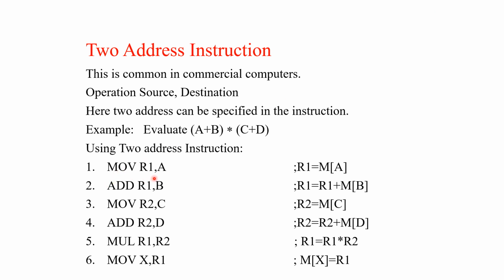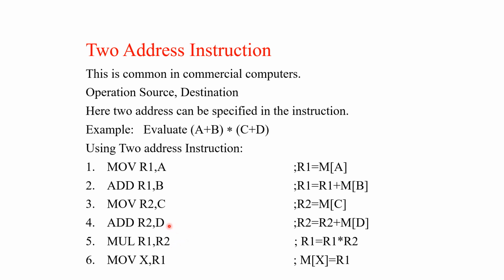The first instruction, move r1, a, moves the value of a into register r1. The next instruction adds the value of b to r1, resulting in r1 equal to a plus b. The next instruction moves the value of c into register r2.